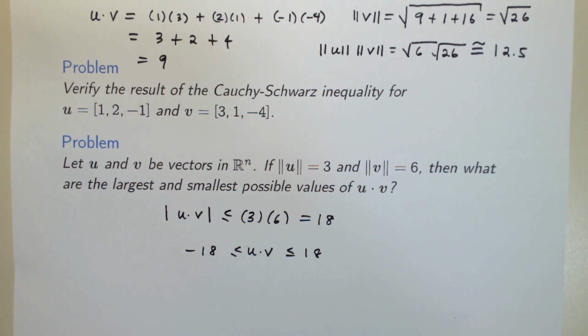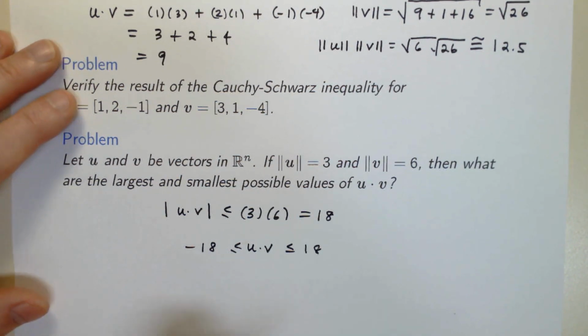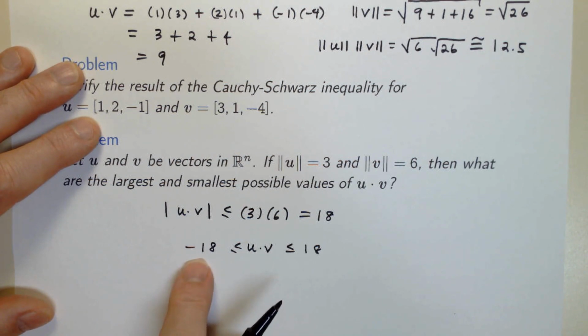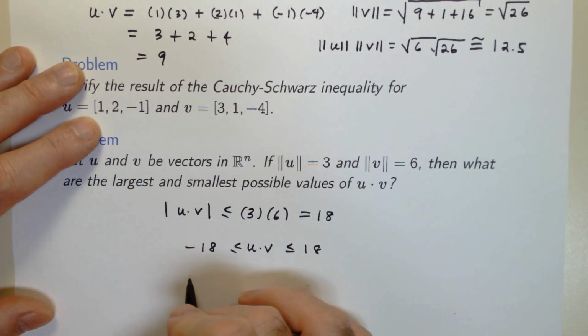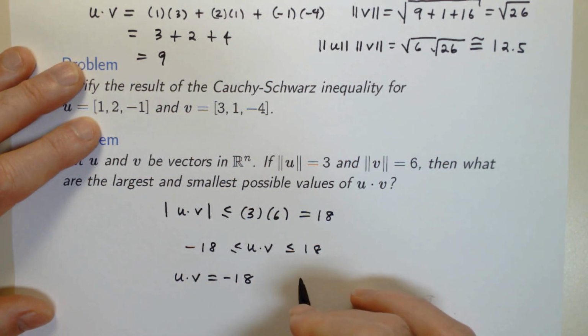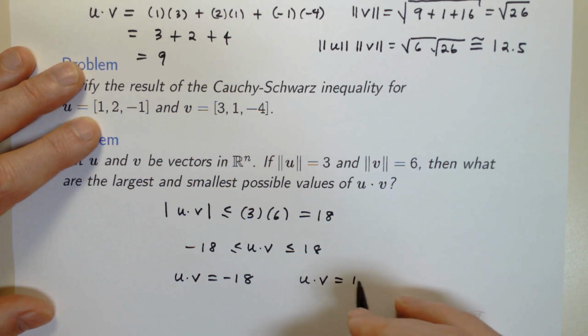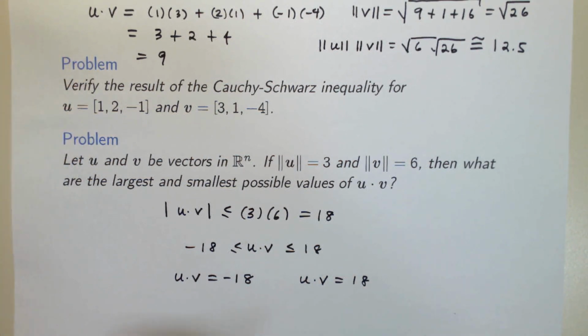So we can see that u dot v itself will land between these two numbers. That means that the smallest possible value for u dot v would be -18, and the largest possible value for u dot v would be 18.